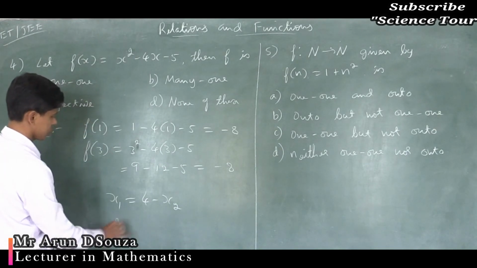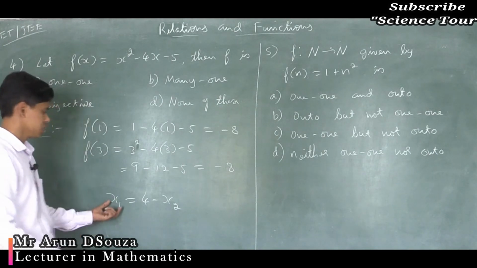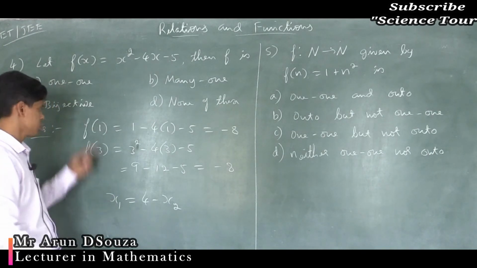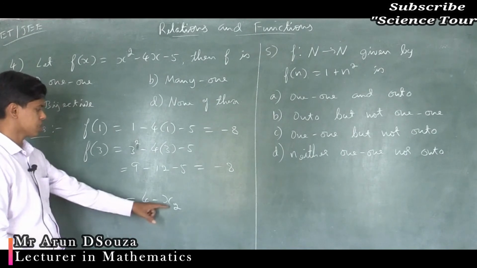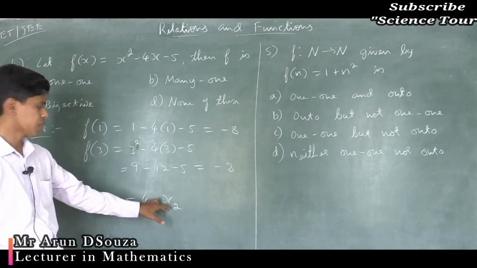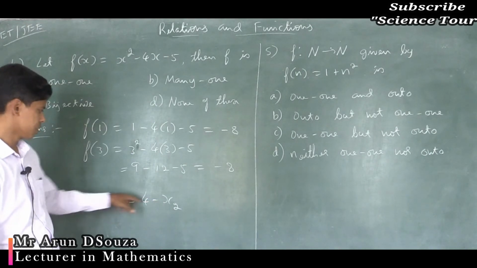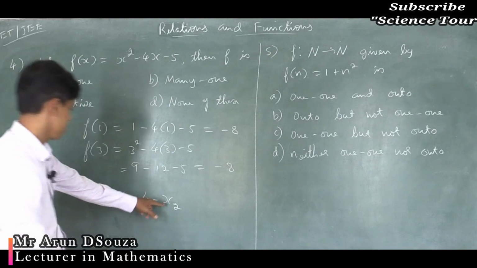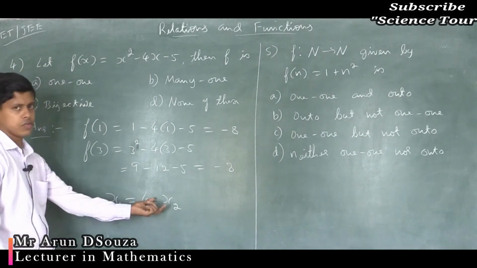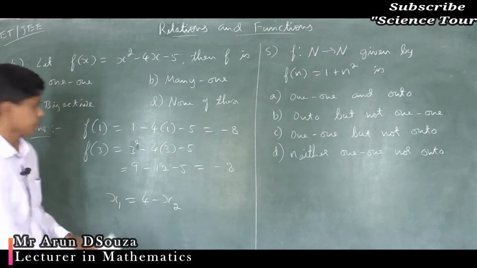So if this is 2, then you have to take 2 here. Let us say you take 3, then 3 and 1. If you are taking 5, that is minus 1 and 5. So that is also one more example. So all such examples you can generate.